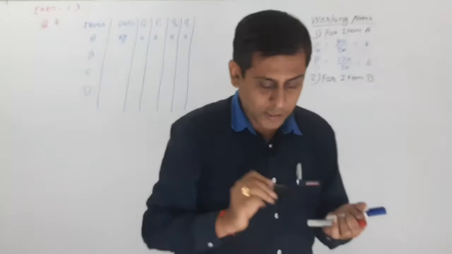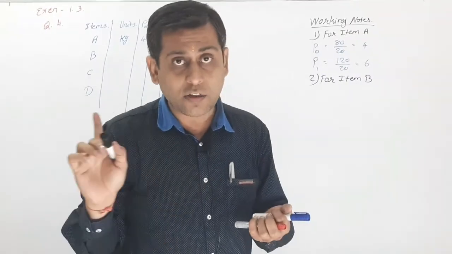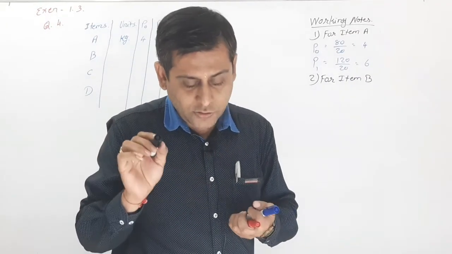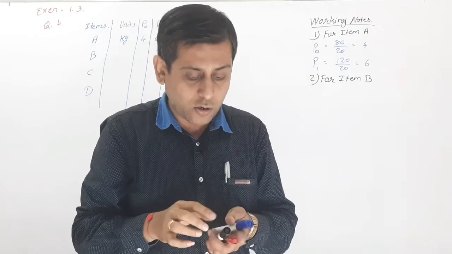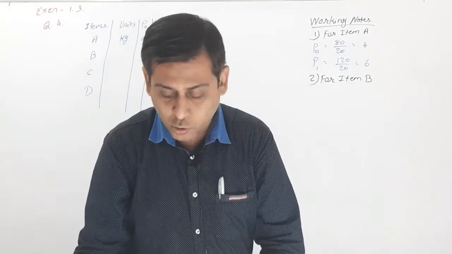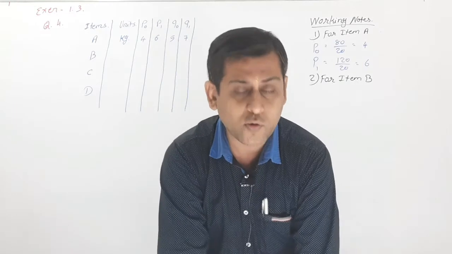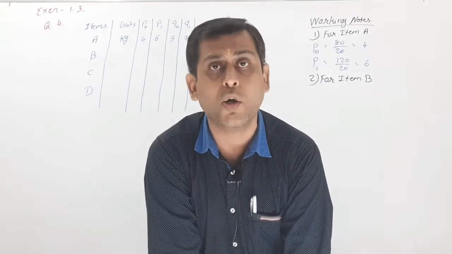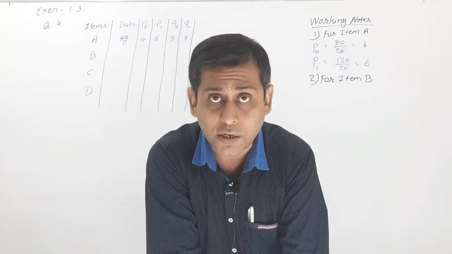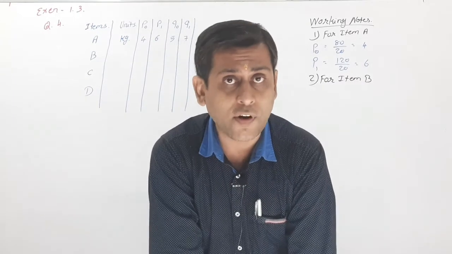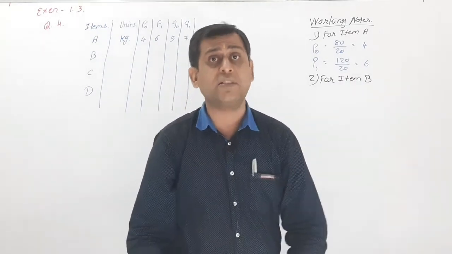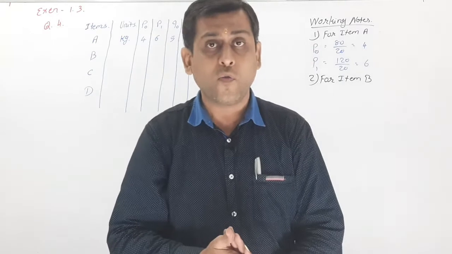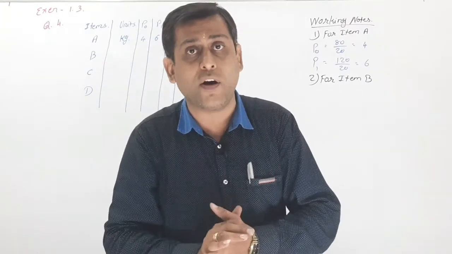For item B, see here kg is given and in the quantity column gm, that is gram, is given, right? Whenever we have to convert kg into gram or quintal into kg, we have to look at whatever amounts are given in the price as well as in the quantity. What is the highest amount given?